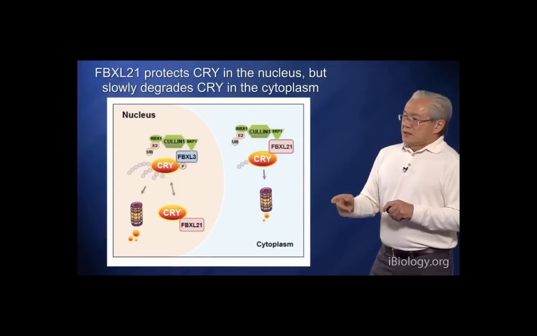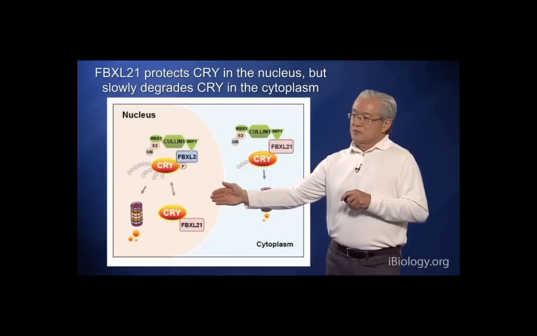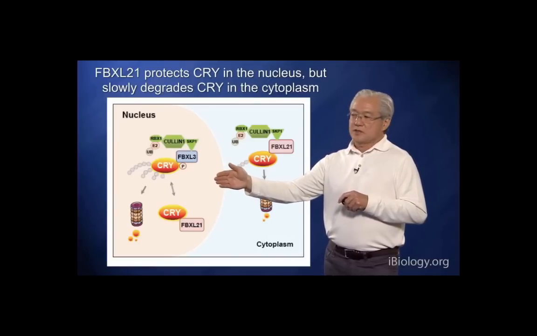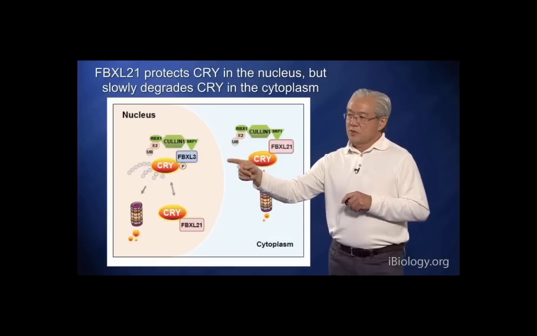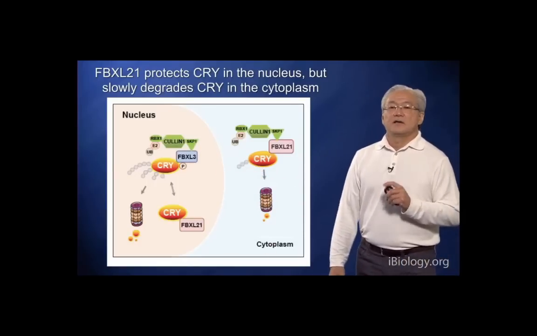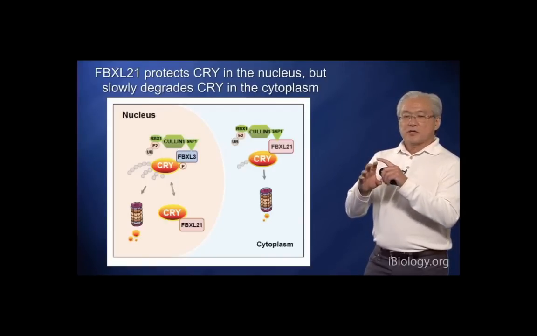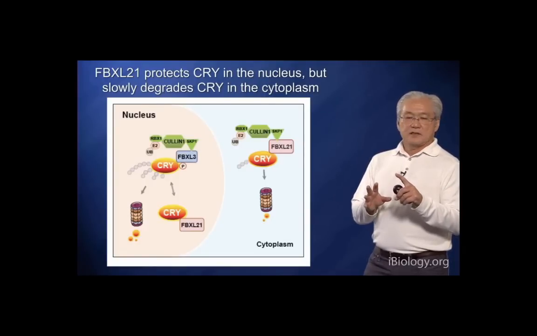And in the nucleus, there's a very fine balance between FBXL3 and 21 interaction for the cryptochrome protein. FBXL3 is normally promoting the degradation of cryptochrome, but 21 actually competes for that and protects cryptochrome from degradation. And so that's why we think the two genes have opposite effects.